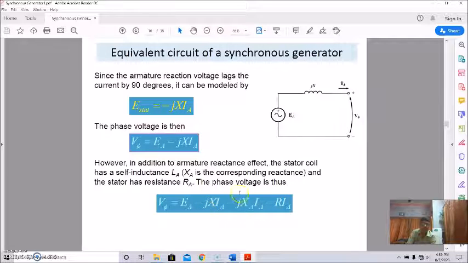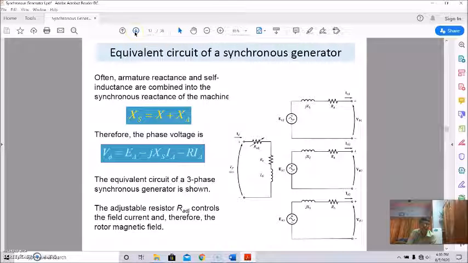So basically this is the equation. This will be like this, V phi.